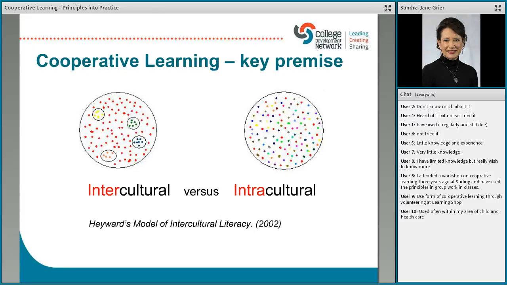And that really resonates with the Scotland that I see about me on a day-to-day basis, and also with that opening slide with the International Commission for Education in the 21st Century.